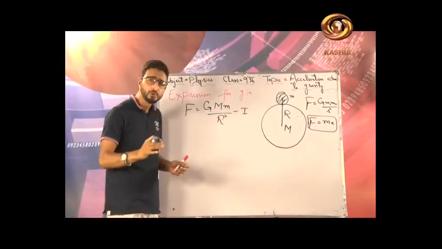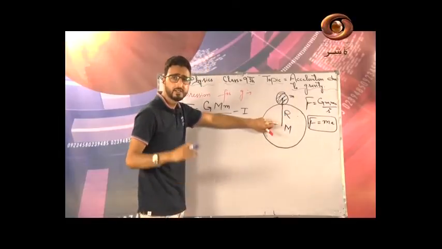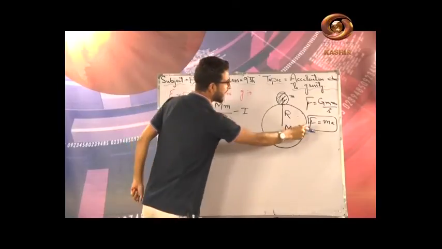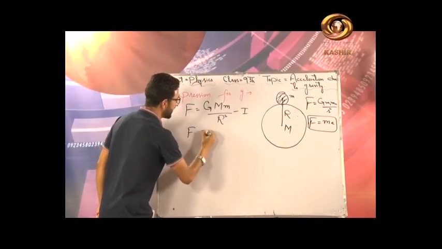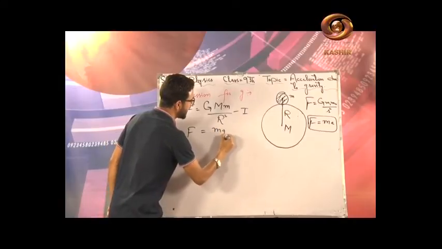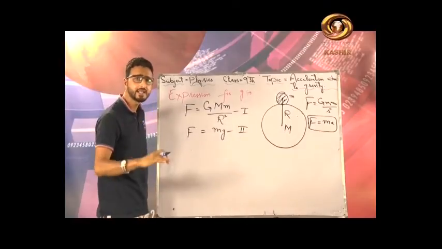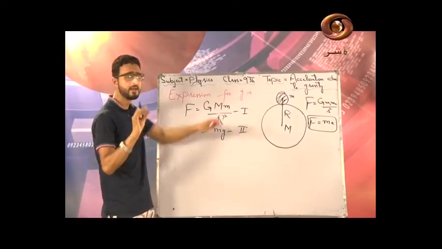So the force with which a body of mass small m is attracted towards the center of earth is called the weight of the body. Or as per Newton's second law, this F is equal to ma, but here I will write F is equal to mg, where g is the acceleration due to gravity, जिसके हमें यहाँ पे expression निकालनी है. ठीक है ना.